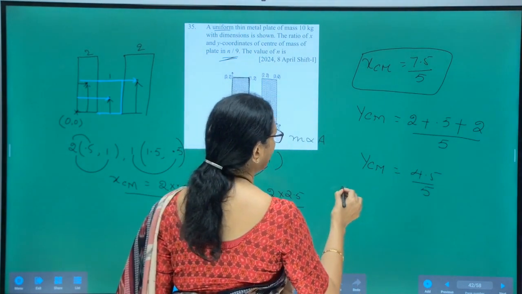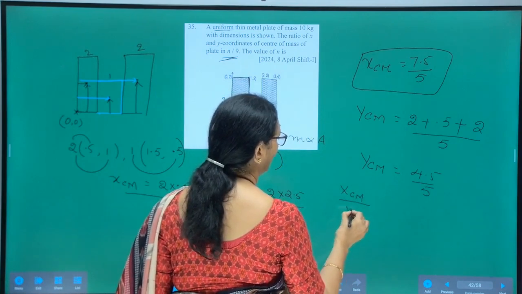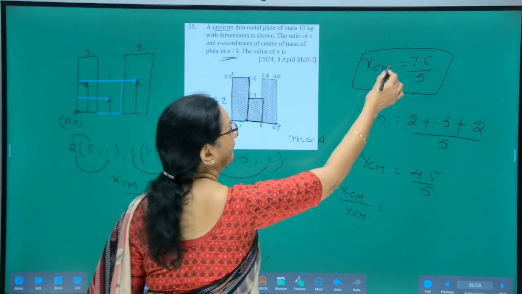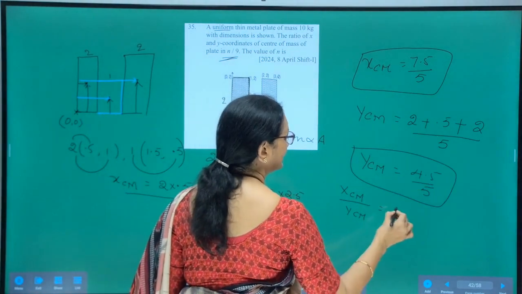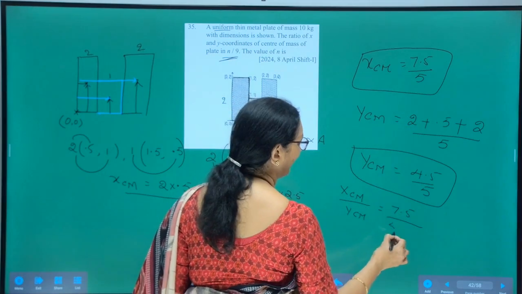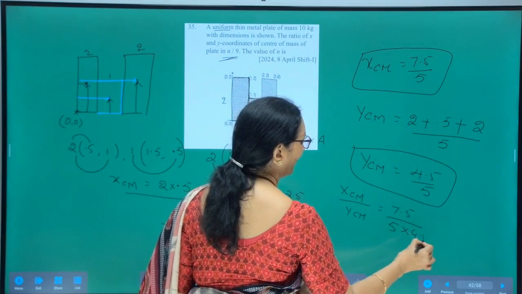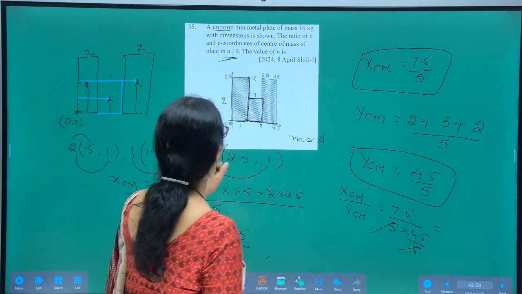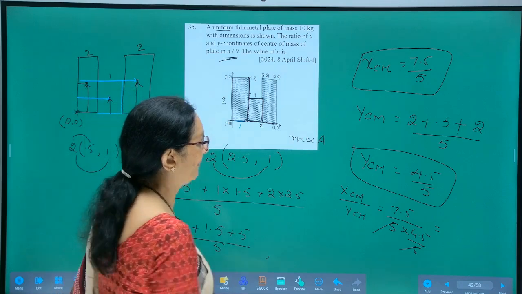So, x coordinate of center of mass to y coordinate of center of mass ratio: from this it is 7.5 by 5 divided by 4.5 by 5. This and this get cancelled. But our option is given in terms of n by 9.